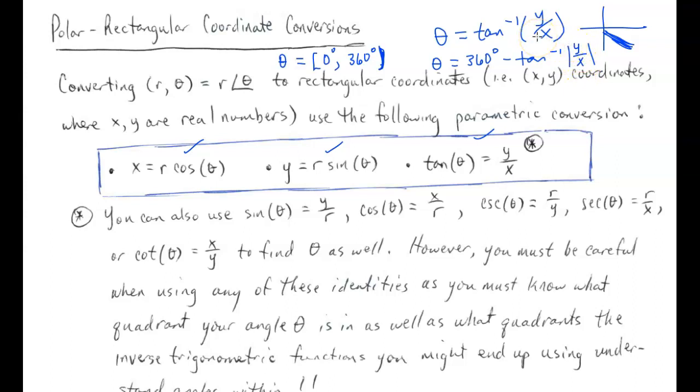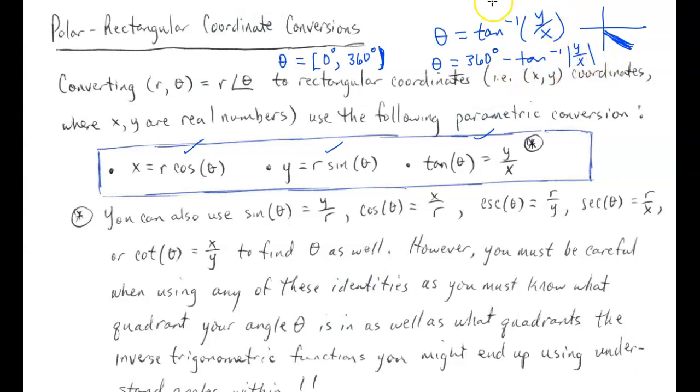I put the absolute value there because we need to make sure that the number that results from dividing y by x is positive. The simplest way to do that is to just assume that both x and y are positive here when using this reference angle.